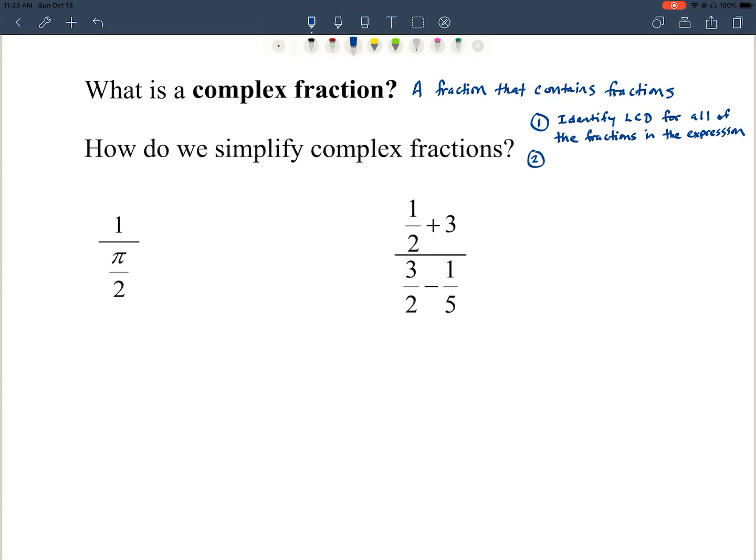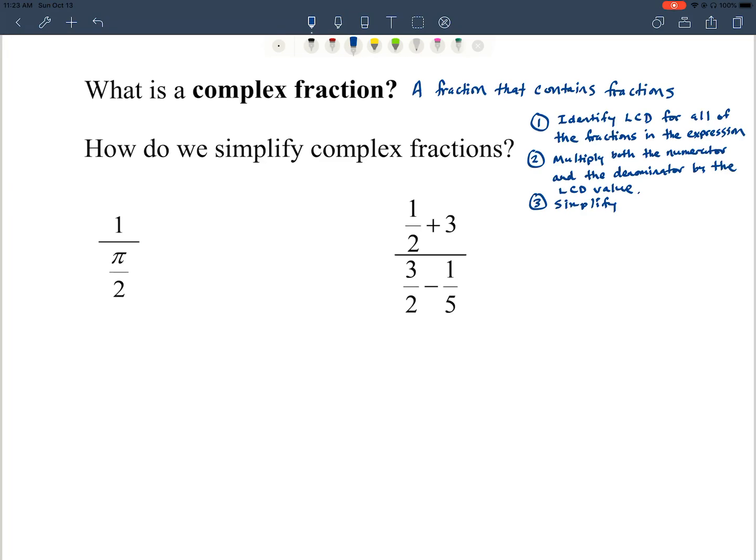Our second step will be to multiply both the numerator and the denominator by that new least common denominator. And then afterward we would just look to simplify if possible.